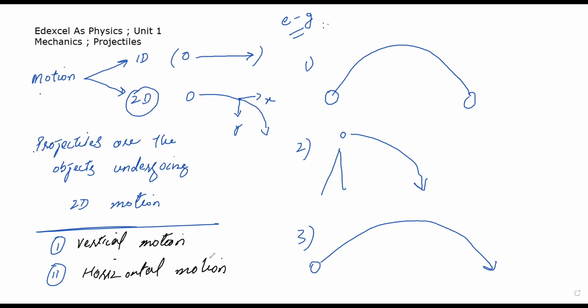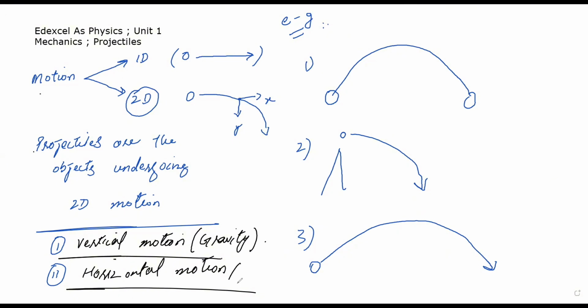The body would be undergoing these two motions. First of all, we need to keep in mind that whenever you're talking about the horizontal motion, there is no force influencing the projectile path. There is no force that would be influencing the horizontal motion. But in the vertical motion, we have got gravity.